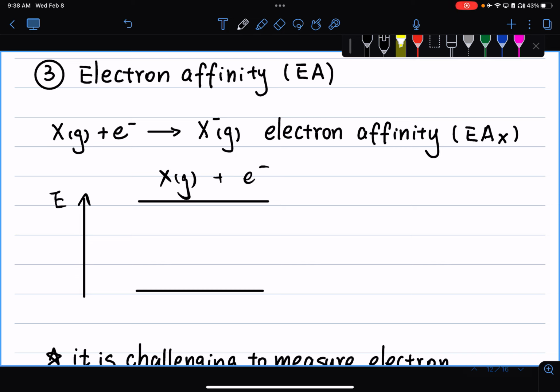When the electron approaches to form the anion, it is stabilized by the attraction from the nucleus. Whenever you have a free electron, you would expect it to be higher in energy. It's the same thing in the ionization energy case. The process of bringing that electron from infinitely apart to form the anion is our electron affinity.